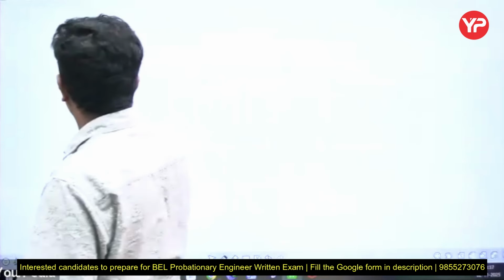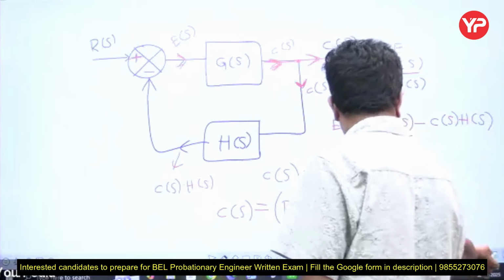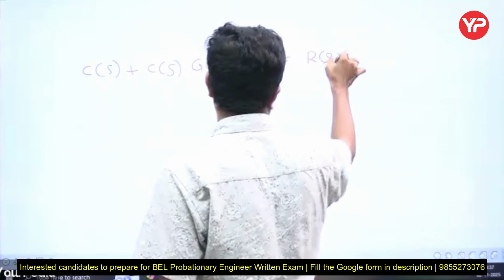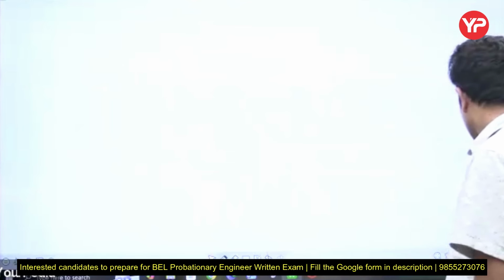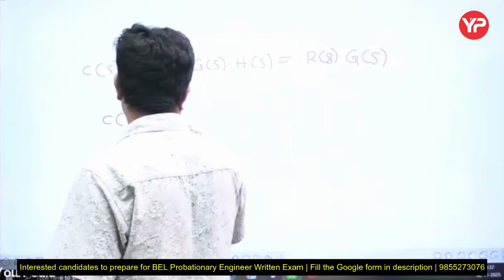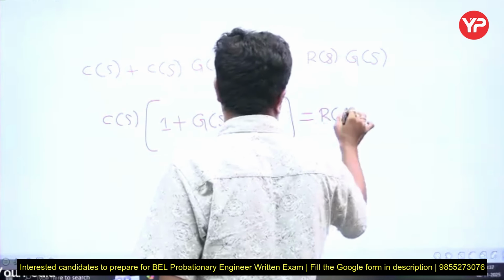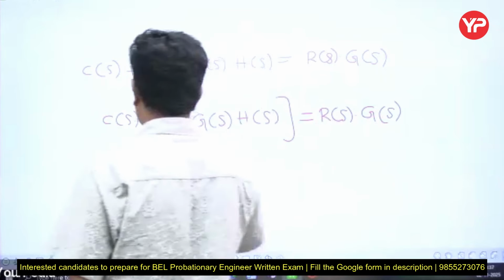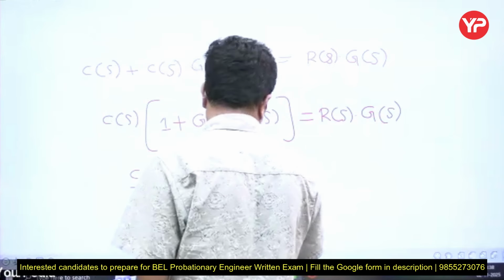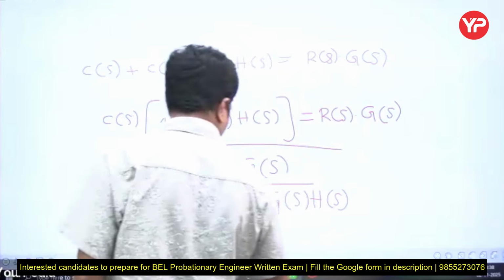Now C of S plus C of S into G of S into H of S is equal to R of S into G of S. Now take C of S common: C of S times 1 plus G of S into H of S is equal to R of S into G of S. Now C of S by R of S is equal to G of S by 1 plus G of S into H of S. You must remember this general transfer function.